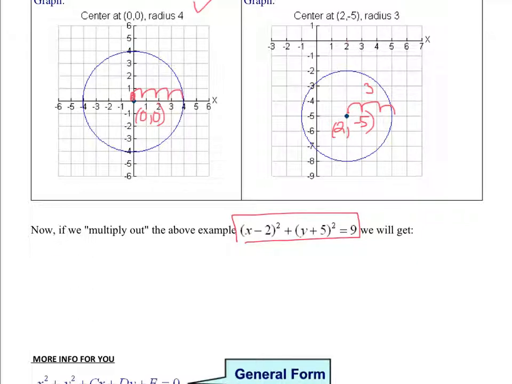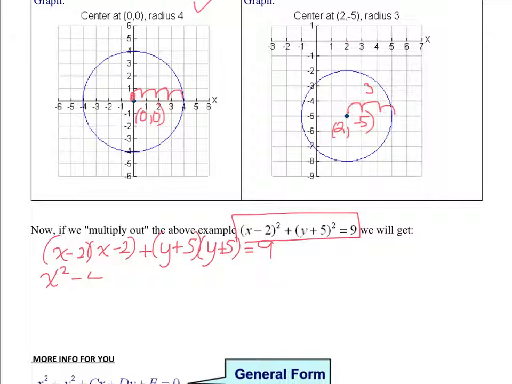So of course we're going to be multiplying this by itself twice. Then we'll be multiplying y plus 5 by itself two times. That's equal to 9. So we're going to end up with x squared minus 4x plus 4, that's just for this section here, plus y squared plus 10y plus 25 is equal to 9.